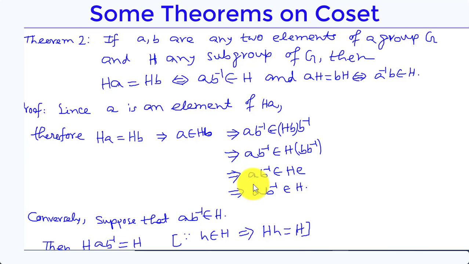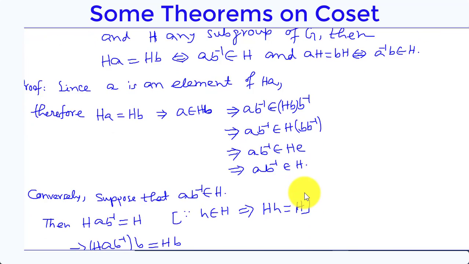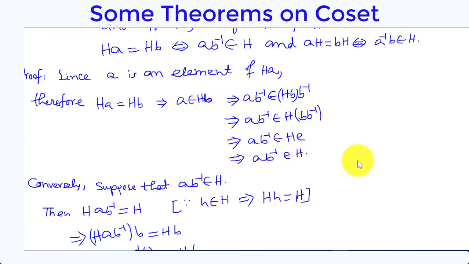This implies that ab inverse belongs to H, since bb inverse is equal to the identity element of the group e. Therefore, Ha is equal to Hb implies that ab inverse belongs to H.